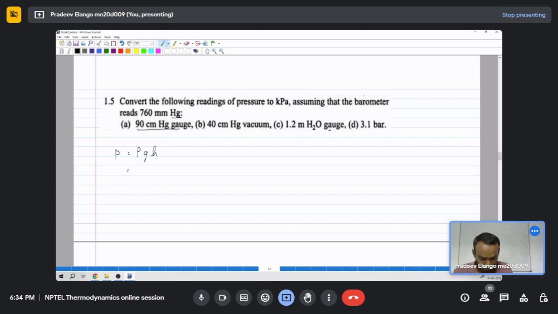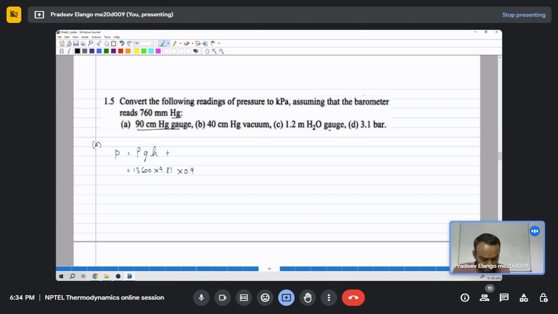So for problem A, we have mercury. Mercury's density is 13,600 into 9.81 into H, the height, and that is 90 centimeter. To write in SI units, we write 0.9 meters, and this is gauge pressure.